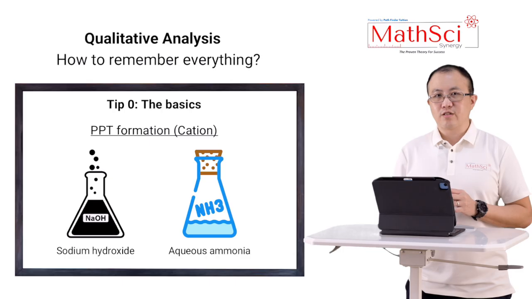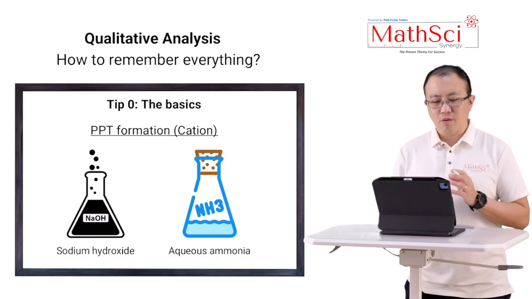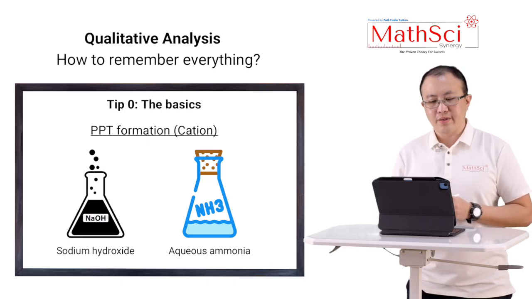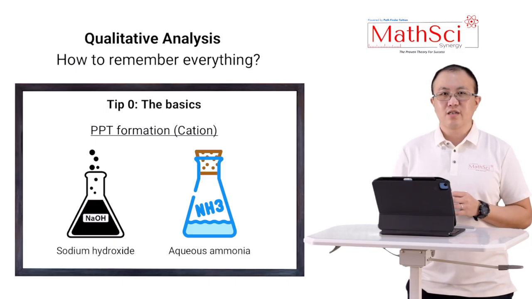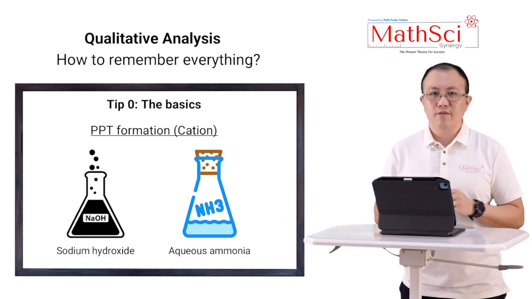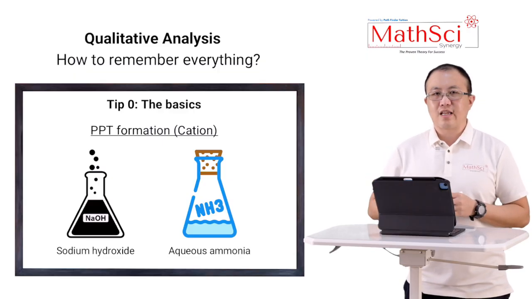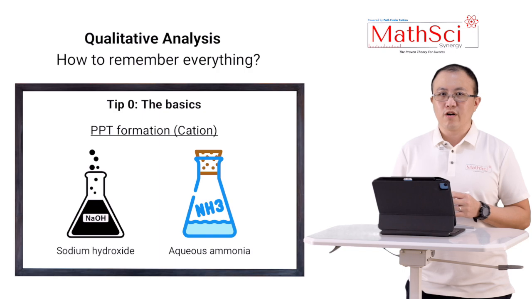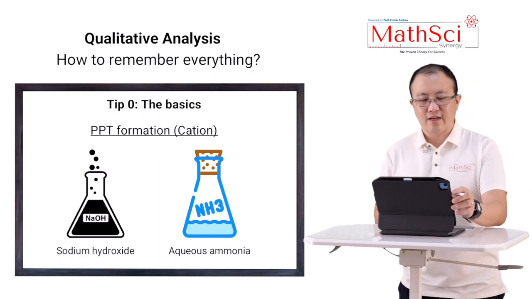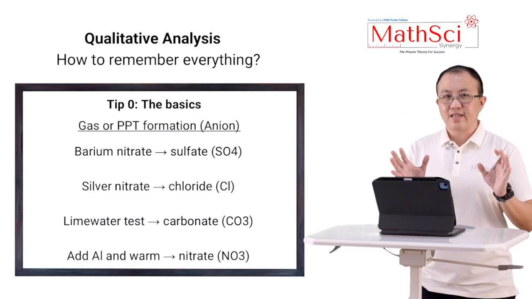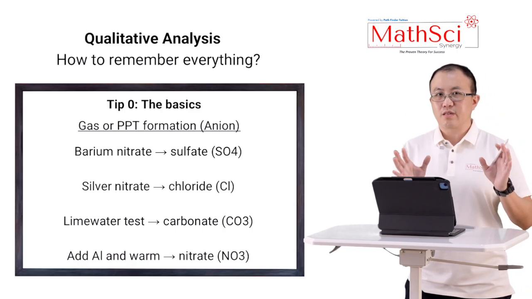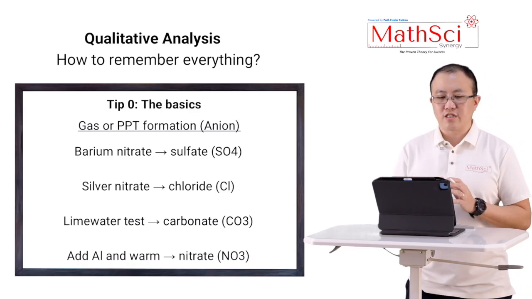And the two testing agents that you need to remember: one is sodium hydroxide, two is aqueous ammonia. We use them to test whether the cation is present. Of course, the second level of detail will be whether or not it can dissolve in excess and so on and so forth. But basically, the main thing is to determine whether there's PPT, any color changes.